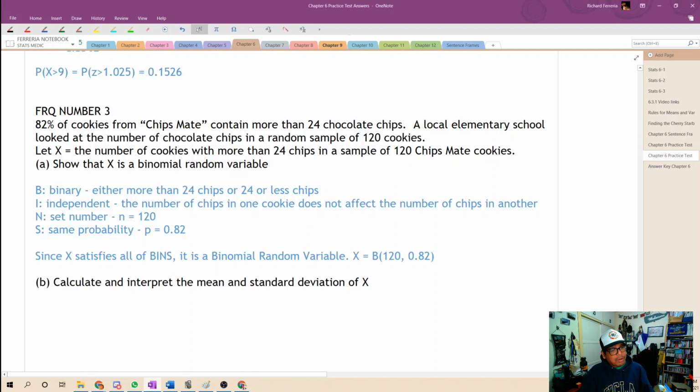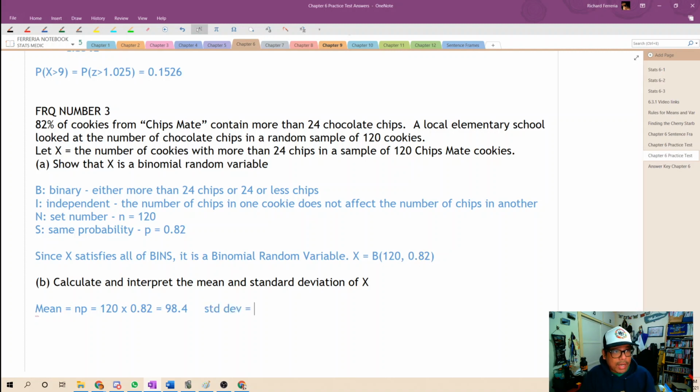Next, we want to calculate and interpret the mean and standard deviation for x. Luckily, for a binomial random variable, there are formulas for the mean and the standard deviation. So the mean is just going to be equal to np, which is 120 multiplied by 0.82, or just 98.4.